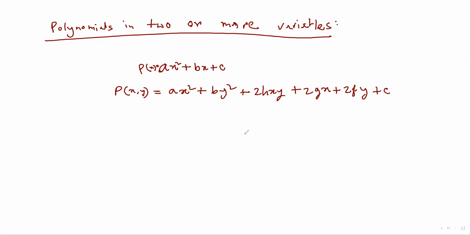Now we are interested in factorizing this quadratic into two linear terms. So we want to assume that this is equal to (px plus qy plus r) times (p prime x plus q prime y plus r prime).